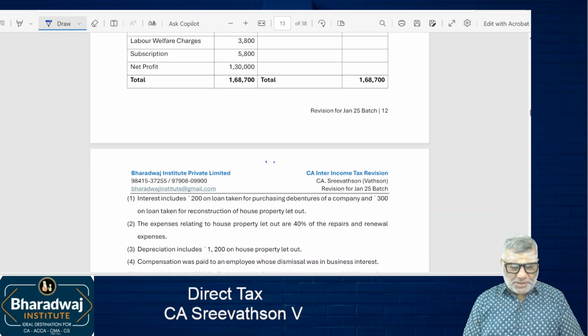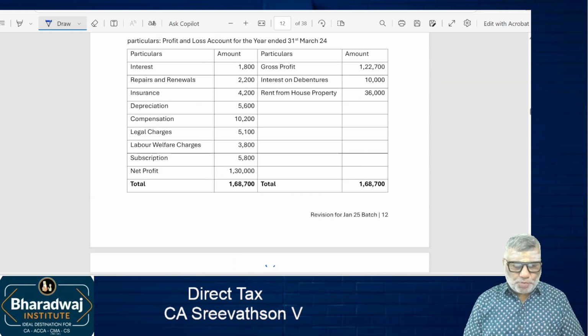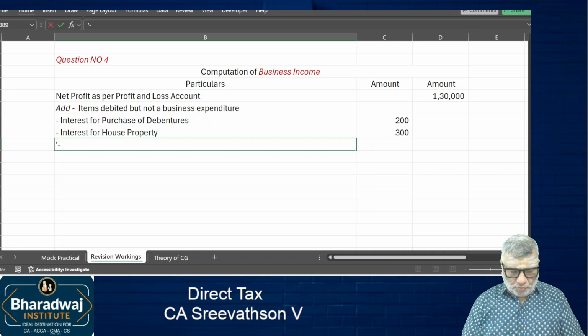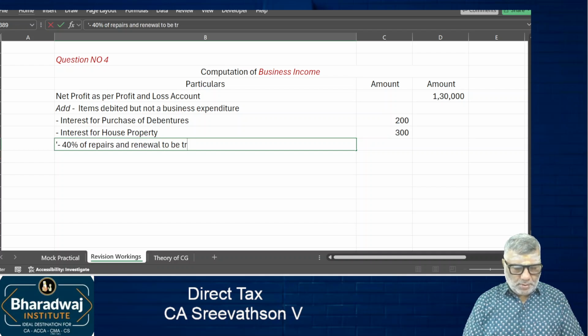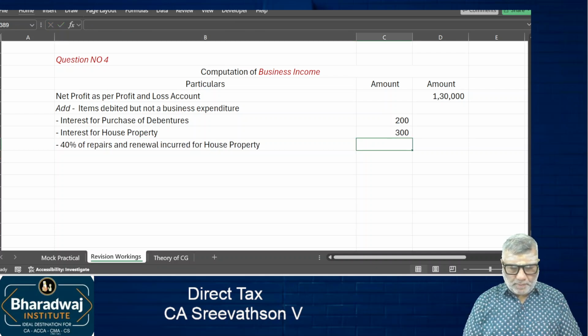Repairs and renewals: 40% is for house property, 40% of repairs and renewal incurred for house property.